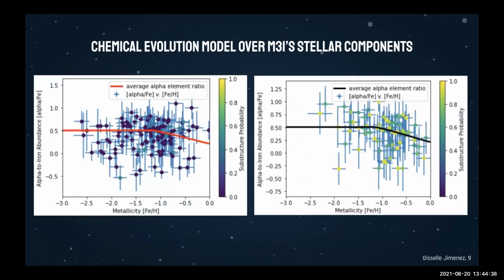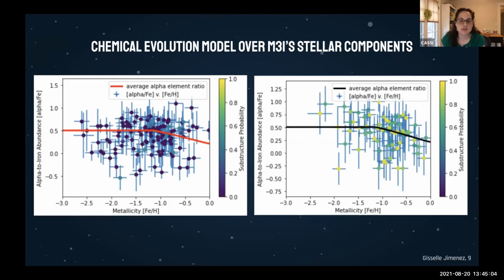Yeah. We weren't sure what to expect since this was the first type of modeling we've done with the data. But what I'm trying to do now is to vary the parameters to try to fit it best to the abundance of the stars. I see. Awesome. Thank you.